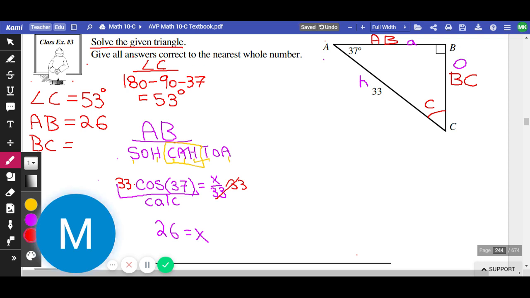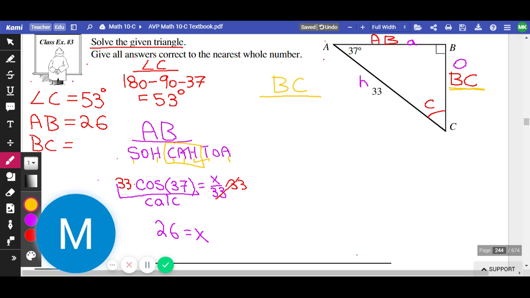Now I do the triangle all over again, except this time I need to solve for BC, which is my opposite side. Again, you do SOH CAH TOA, you label your triangle, which I've done. So I write out SOH CAH TOA, I do a little checklist.